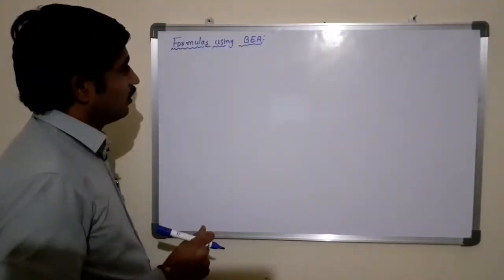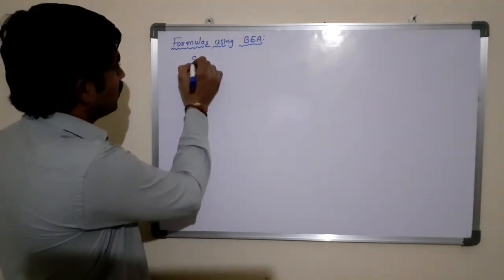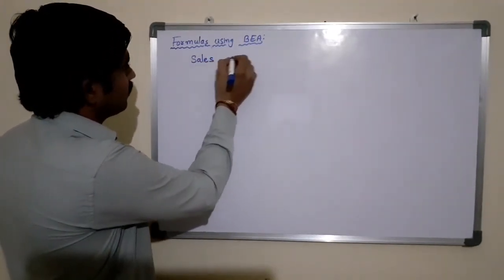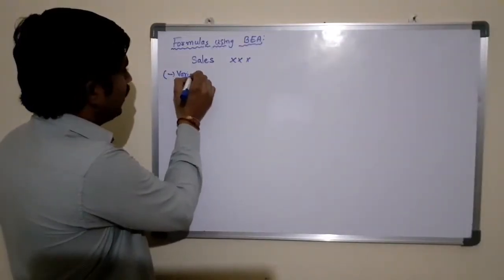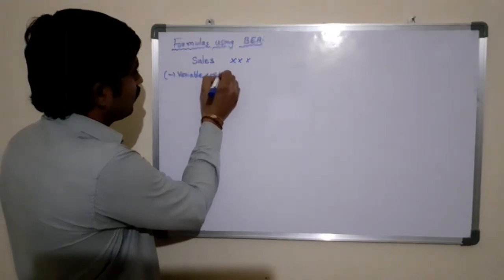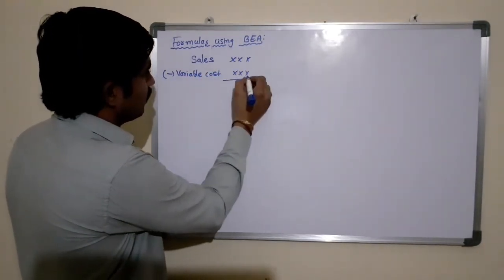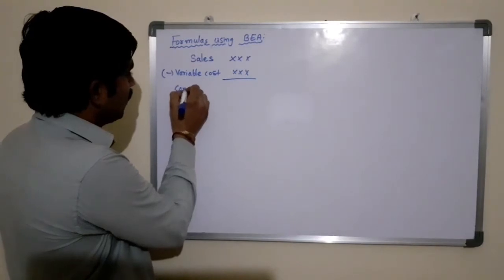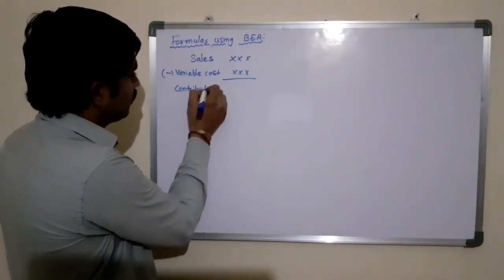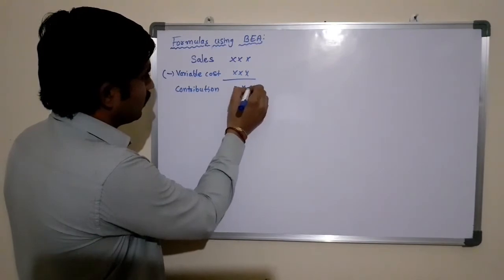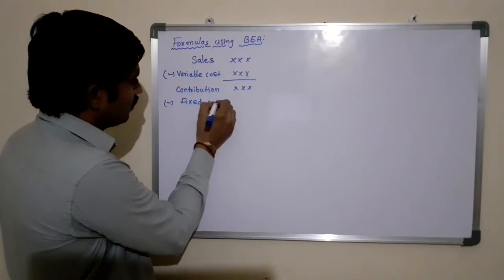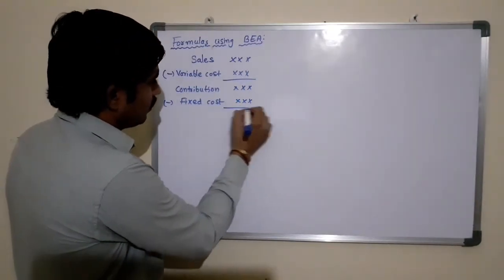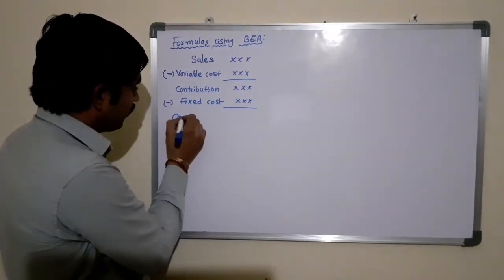The statement to prepare to determine the operating profit is sales minus variable cost, we will attain contribution, minus fixed cost, to determine the operating profit.